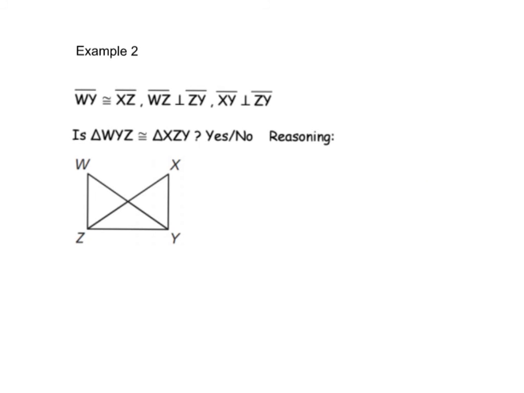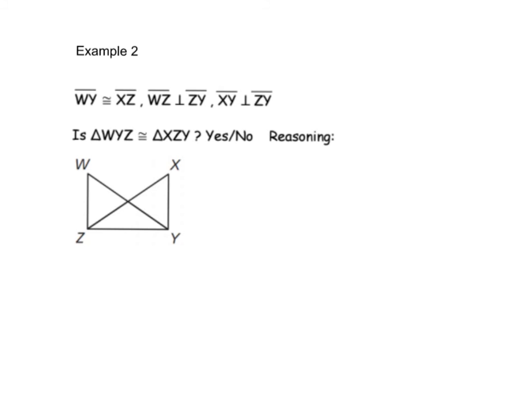All right, so here they give us a few pieces of information. So I'm going to make these markings as I read them. WY is congruent to, okay, so this whole thing is congruent. That's kind of hard to mark on here right now because I don't want to confuse you.